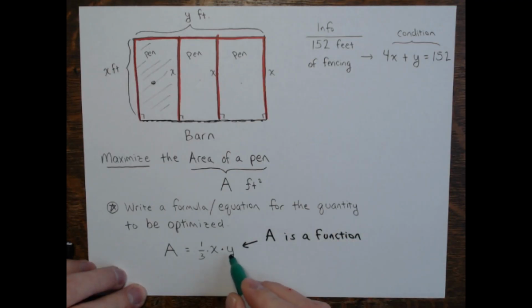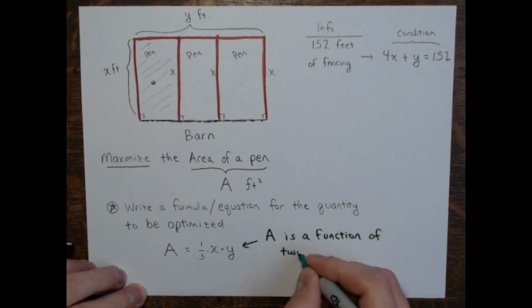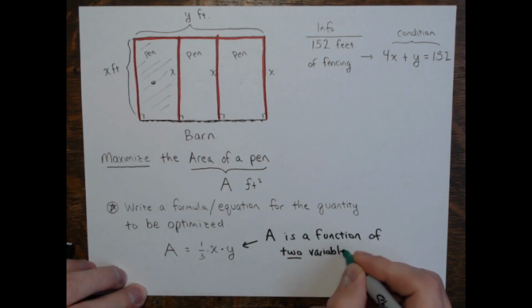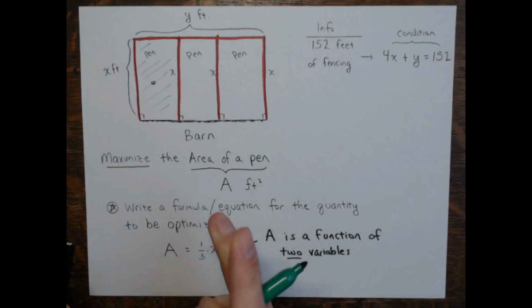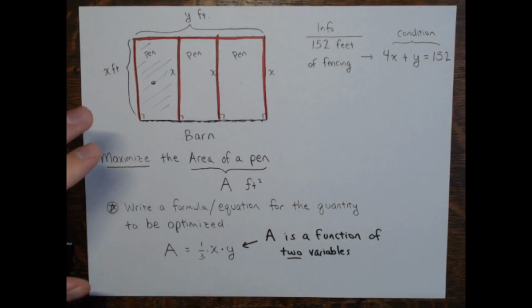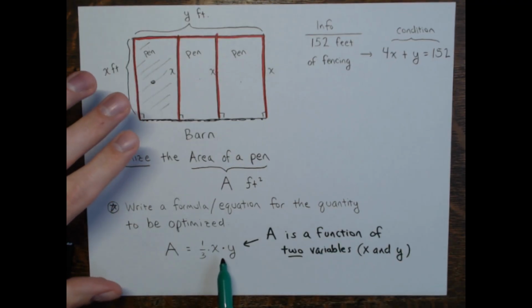It depends on the value of x and y. Well, this is for a Calc 1 course, and we're only familiar really with working with functions of a single variable. Right, so right now I've got a function area. My area is a function of x and y.